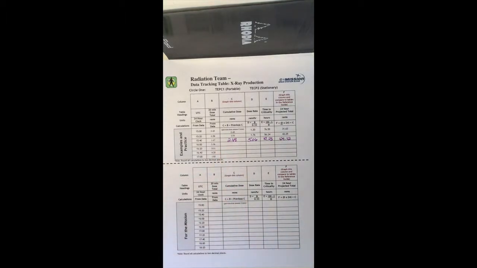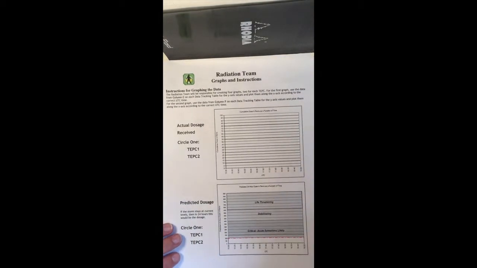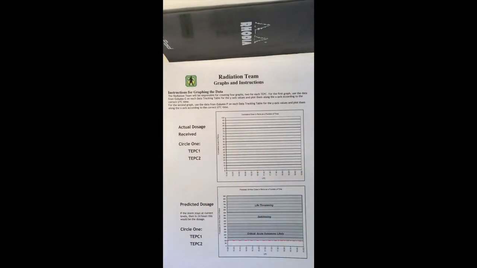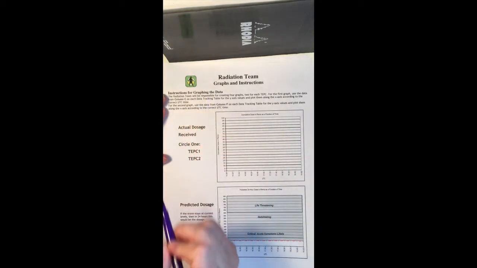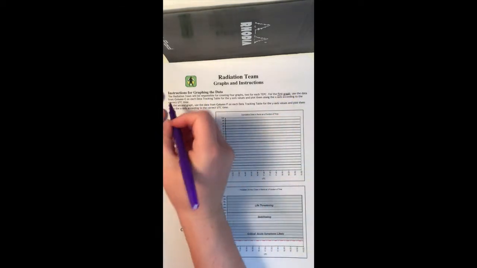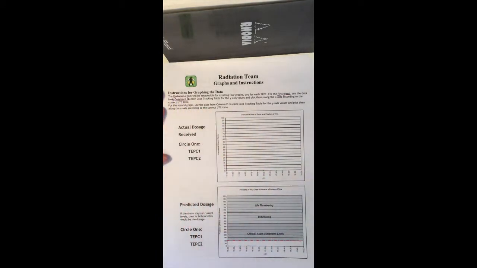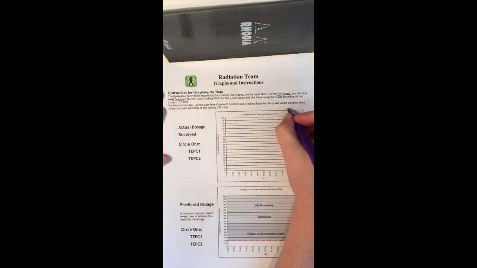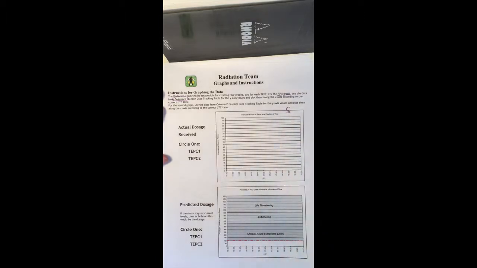Let's graph these now. It's going to be up to you whether you want to graph as you go or wait till the end. All right, so this first table says right here, instructions for graphing. For the first graph, use the data from column C. Okay, so this is column C right here.